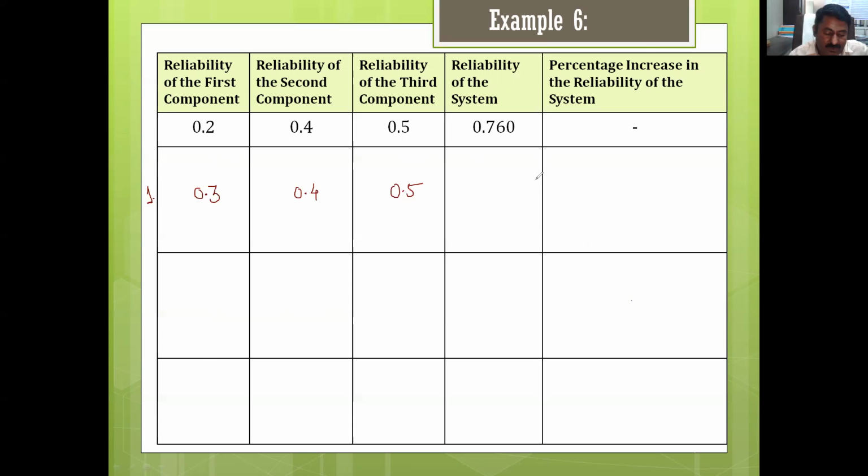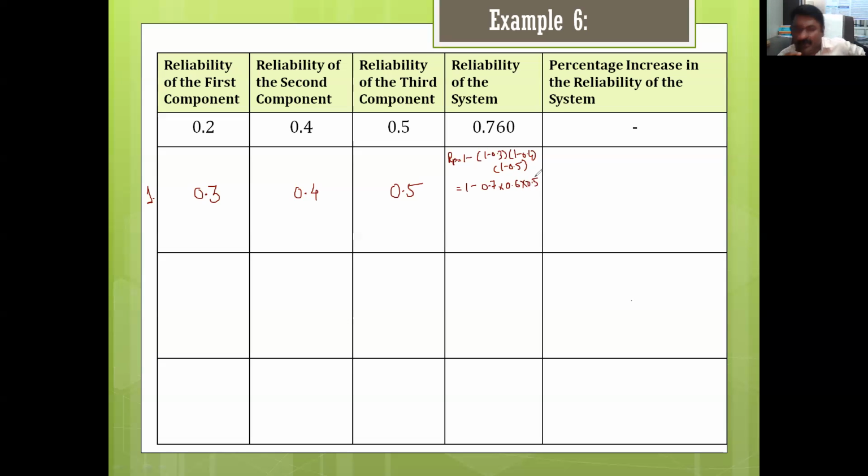So how can you calculate? Here one calculation I will show you as a sample. Reliability is equal to 1 minus the bracket of (1 minus 0.3), (1 minus 0.4), (1 minus 0.5). So proceed for calculation. 1 minus 0.3 is 0.7, into 0.6, into 0.5.